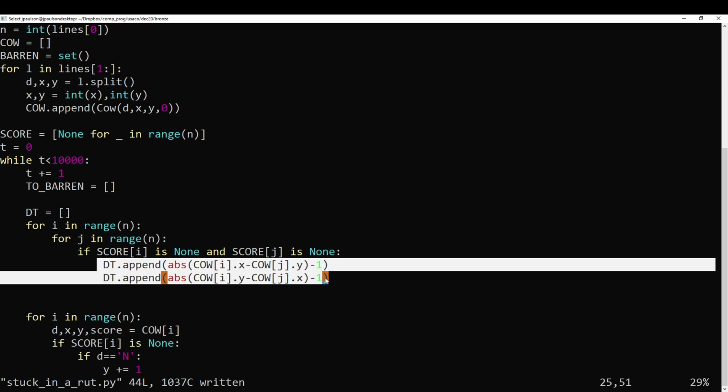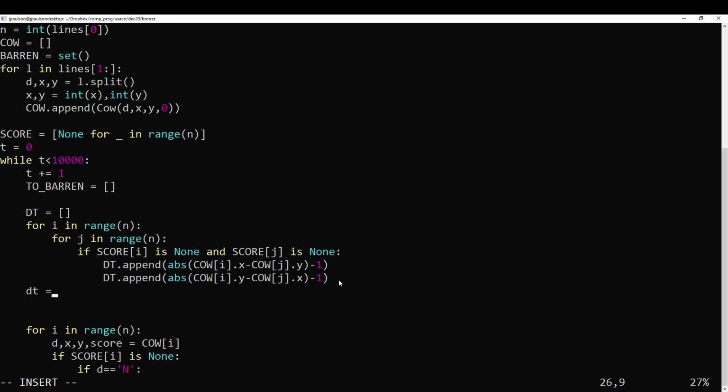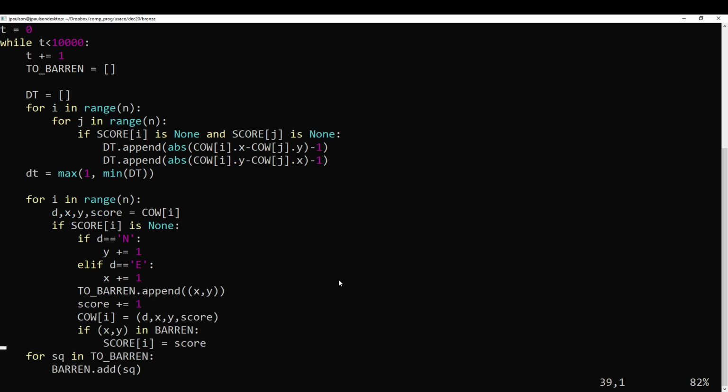So these are all possible intersections that could come up. And so we can jump forward time by these steps.